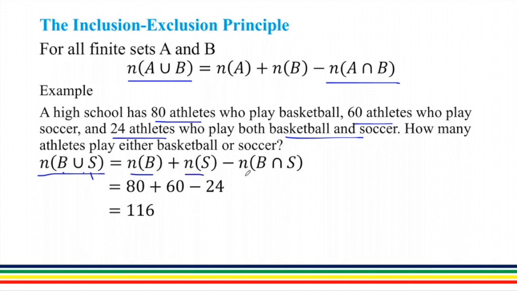Then let's subtract the number of students in B intersection S. So that's 80 students who play basketball, 60 who play soccer, and 24 who play both, which is the intersection of B and S. The answer is 116. So there are 116 athletes who play either basketball or soccer. So that's the inclusion-exclusion principle.